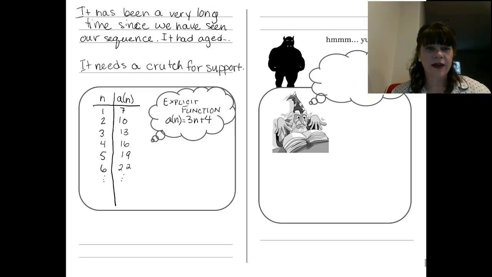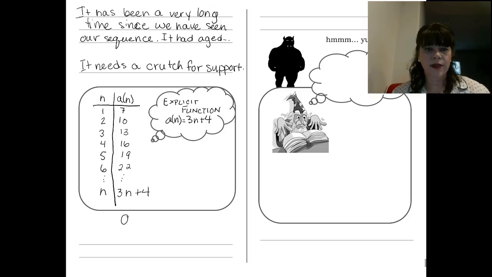All right, so what's the pattern here is that for any number, we take 3, we multiply it by that number, and we add 4. Okay, so that was our sequence.